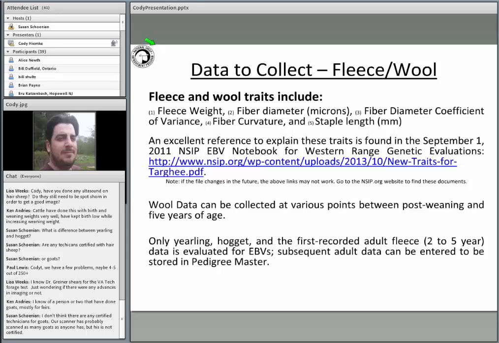Generally, those are all done by submitting samples to wool labs. That is something I did for the first time this year. I did notice I had a ram with a very different fleece, so I was curious, and I took samples on all my yearling ewes and all my stud bucks, basically. And I did find, based on the genetics and the influence of that ram on his progeny, that they all had greater fiber curvature.